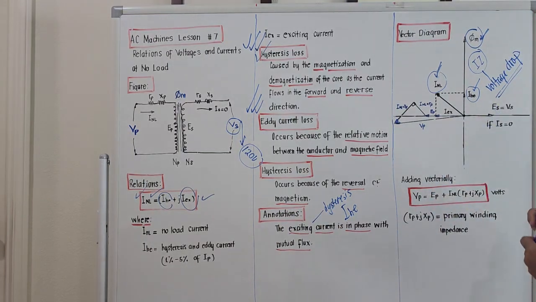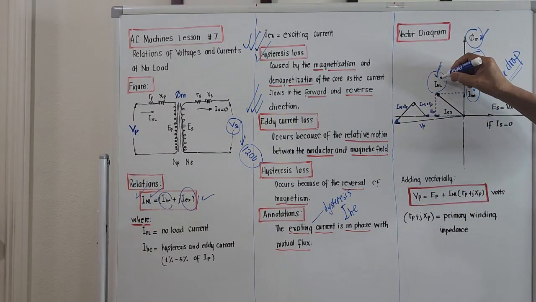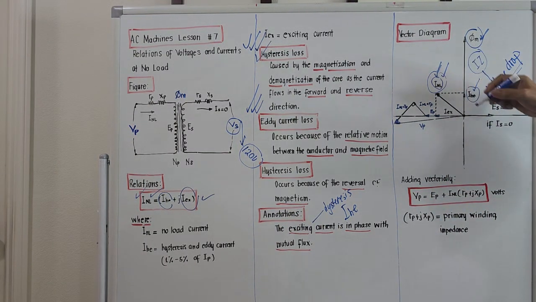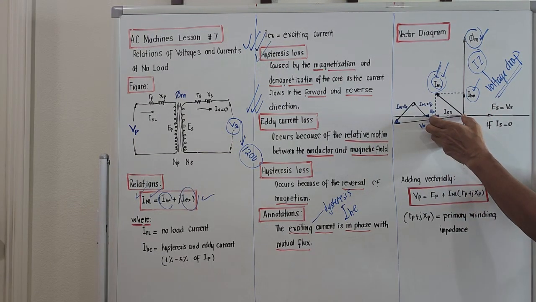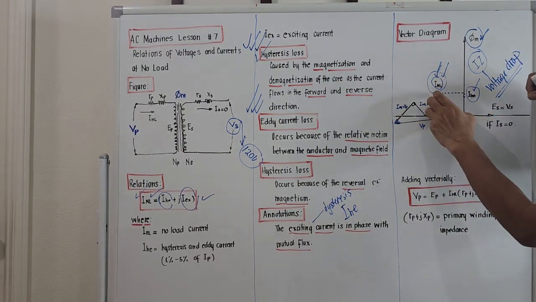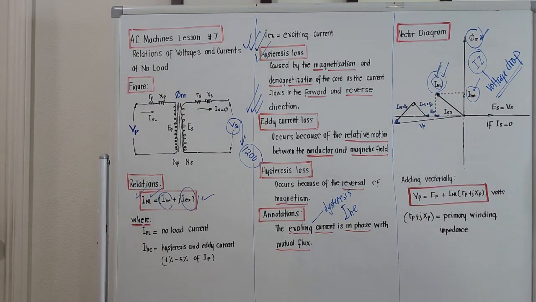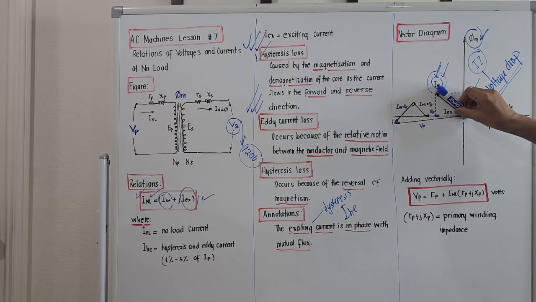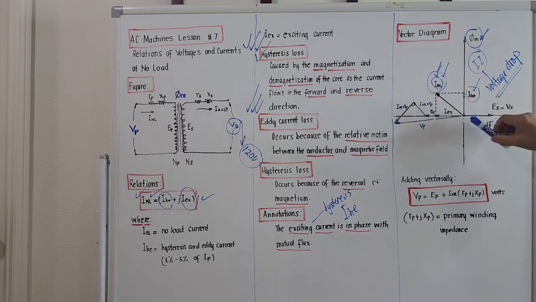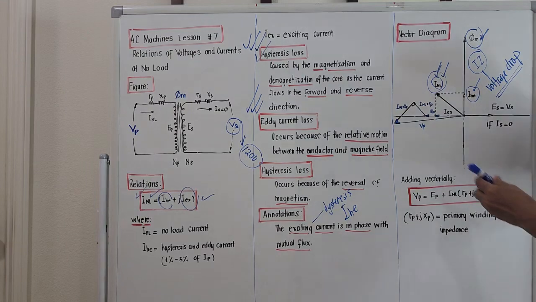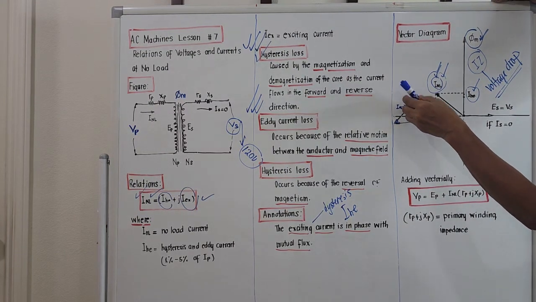The vector sum should be I with the subscript NL. The vectorial sum of this side here plus this is actually this triangle here. And in phase with this is the no-load current. And in parallel with this is actually the product of, in parallel, this side here.